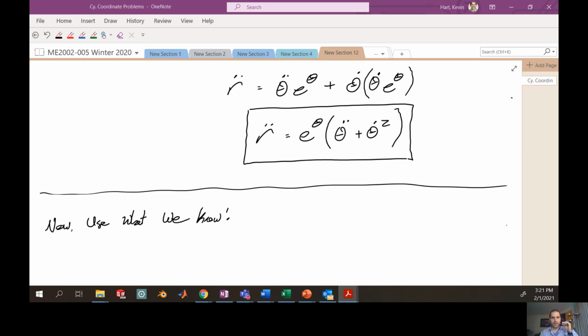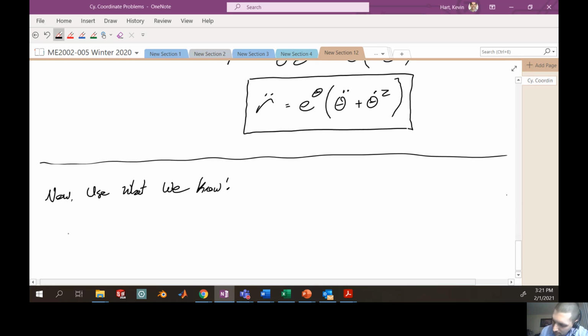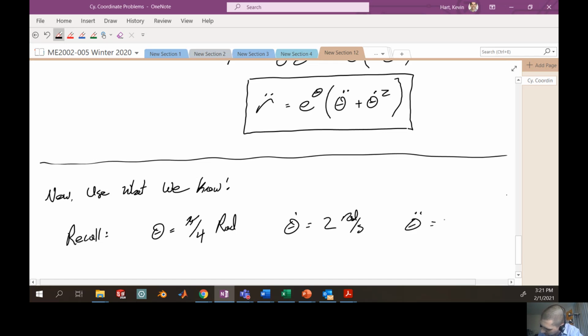So we were given information about θ. So θ is π on 4. θ dot is 2 radians per second. θ double dot is 4 radians per second squared. So we'll recall that. Okay, so this is information we were given in the problem.